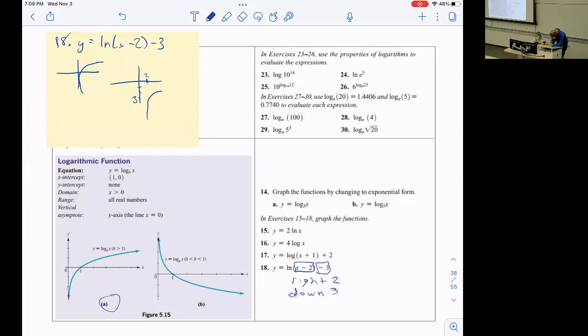So it looks something like that. Any more questions on those? Awesome.